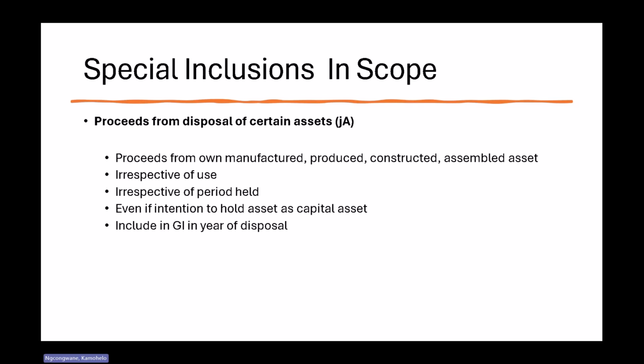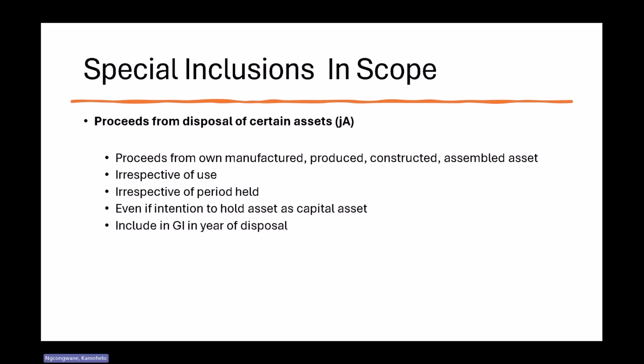Therefore, my intention is to use this machinery as a capital asset. It goes back to that tree and fruit principle. The tree, the thing that produces the fruit, is a capital asset. The fruit itself is part of your gross income definition.